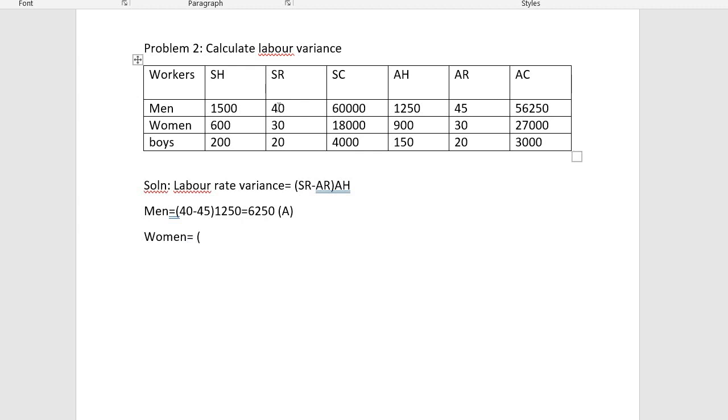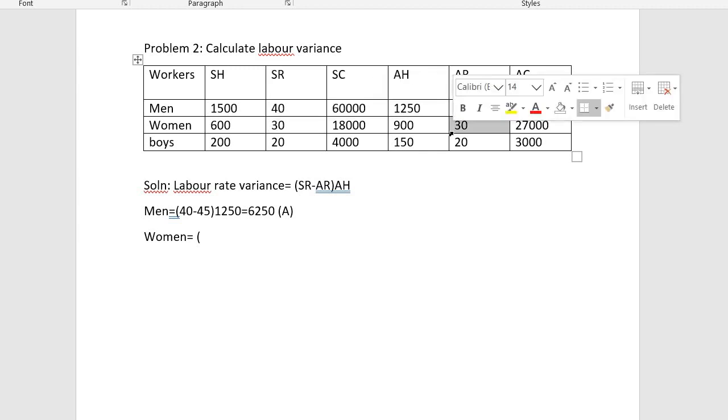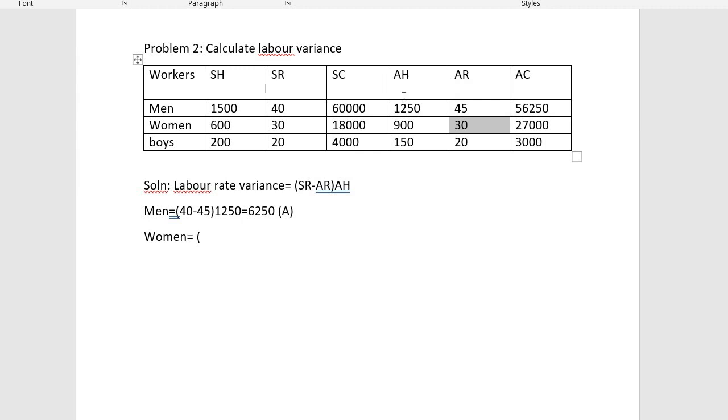The same way I have to solve the problem for women, the different types of labors. For women, standard rate is 30, actual rate is also 30, and actual hour is 900. So 30 minus 30 into 900 will come to 0.